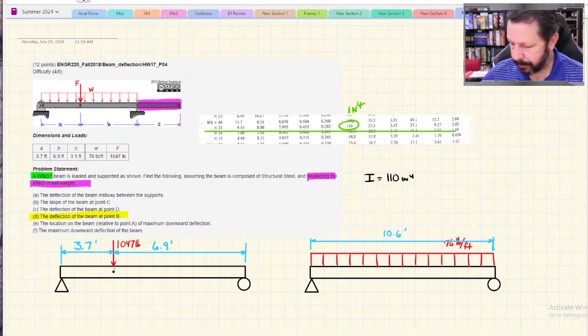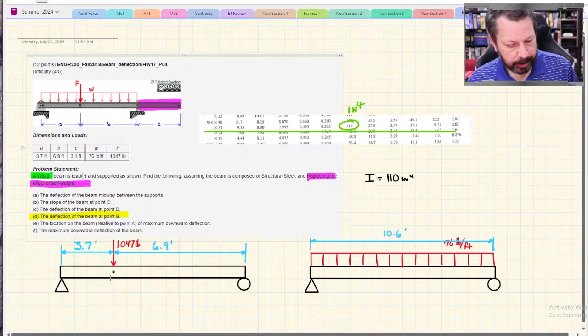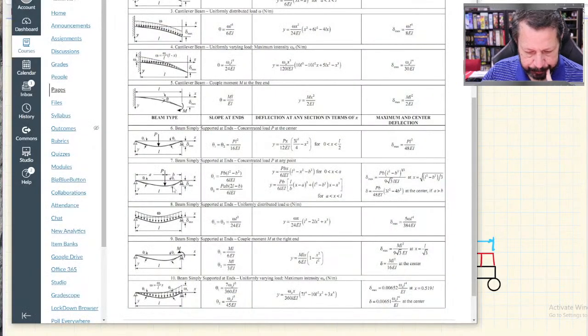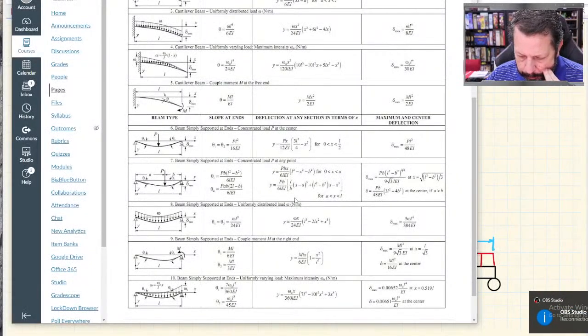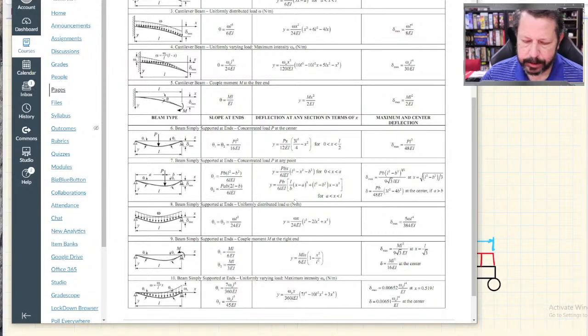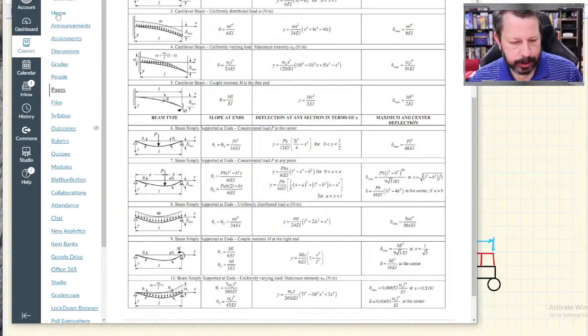So, let's see for our offset point load what we have to choose from. I wonder, let's look at the ones that come with the book to see if they present it any differently.